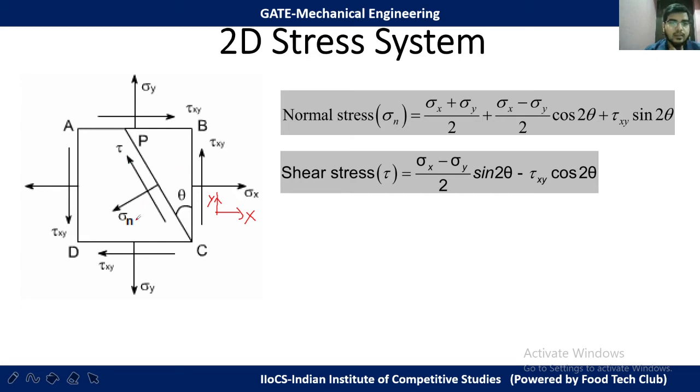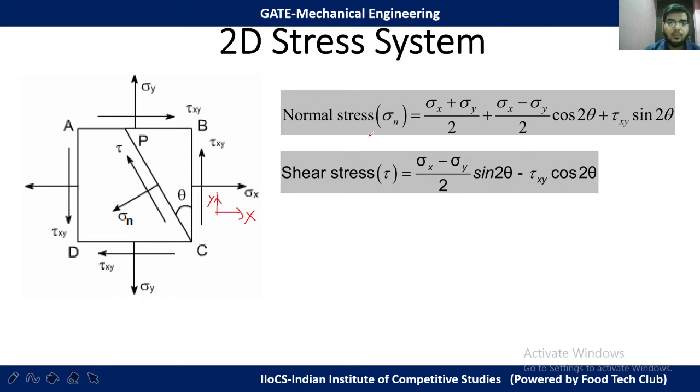So this sigma n and tau can be determined as follows. The formula for sigma n will be (sigma x plus sigma y) by 2 plus (sigma x minus sigma y) by 2 cos 2 theta plus tau xy sin 2 theta. And the shear stress will be (sigma x minus sigma y) by 2 sin 2 theta minus tau xy cos 2 theta.